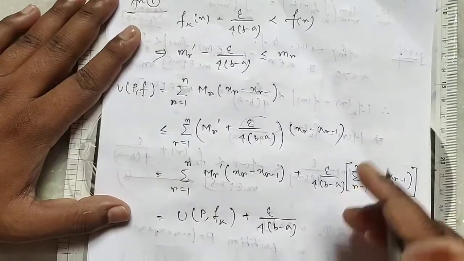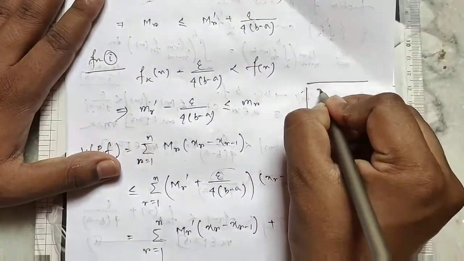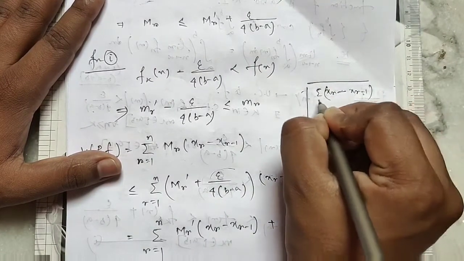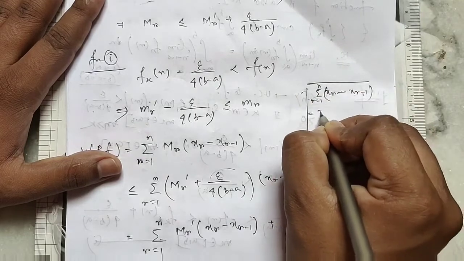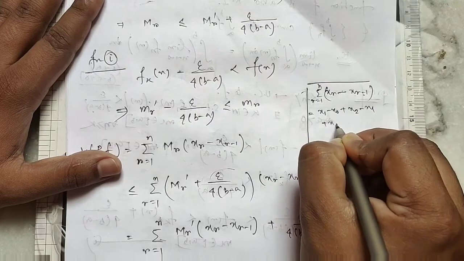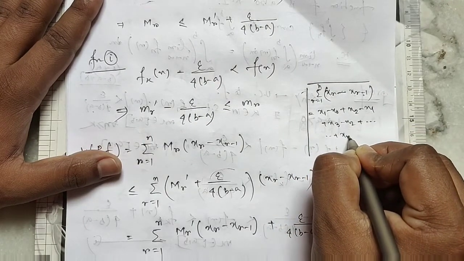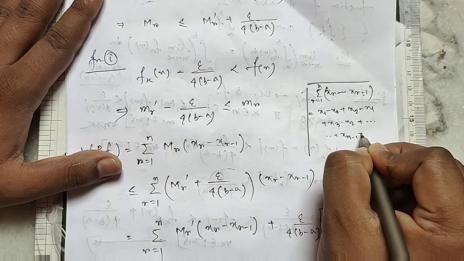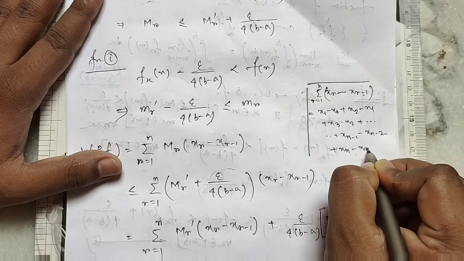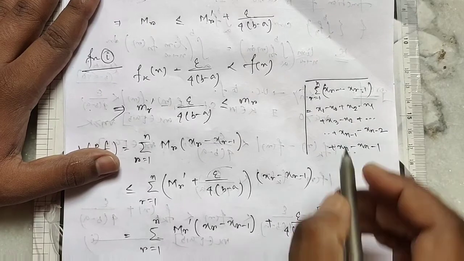If we calculate this, we write this in the rough: summation of (x_r minus x_{r-1}), r equal to 1 to n. So this is x1 minus x0 plus x2 minus x1 plus x3 minus x2 plus up to x_{n-1} minus x_{n-2} plus x_n minus x_{n-1}.